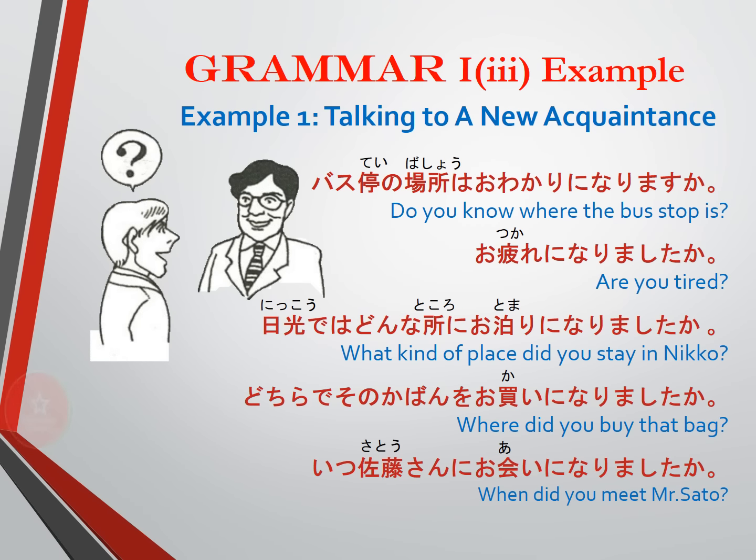Well, in this slide, Michael is talking to someone he just met for the first time. Therefore, he have to use sonkeigo in every question that he asks. Well, this stranger, if he wants to show politeness, he may also use sonkeigo when he's replying Michael. Do you know where the bus stop is? バス停の場所はお分かりになりますか?わかります become お分かりになります。This is sonkeigo.